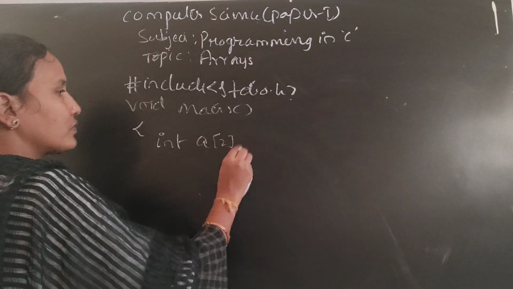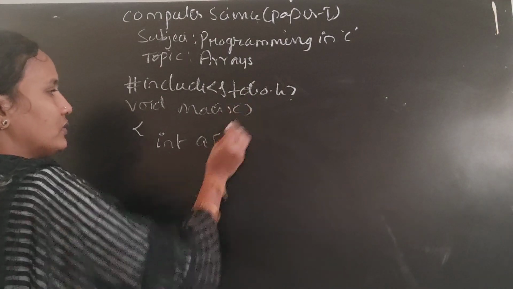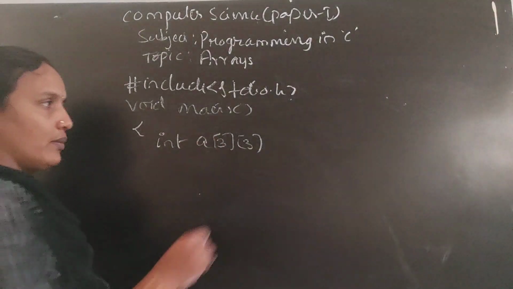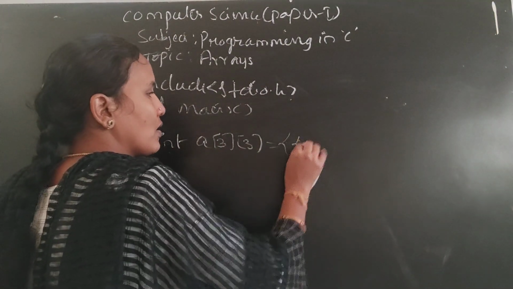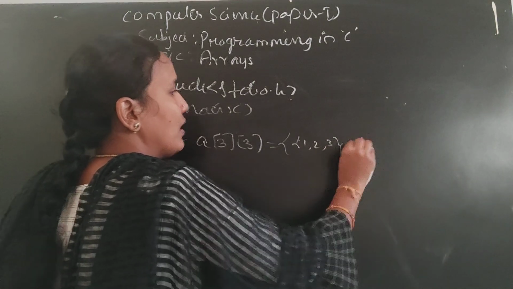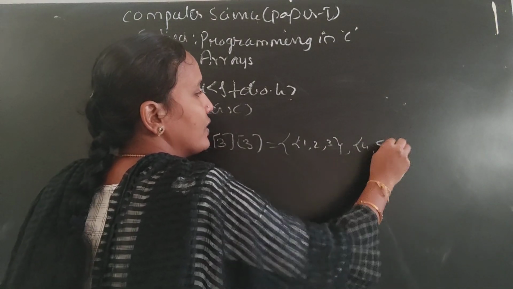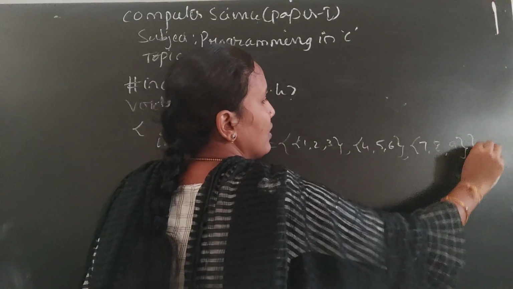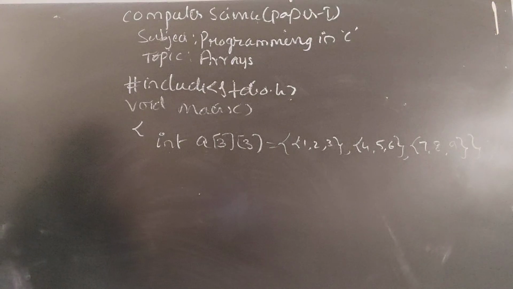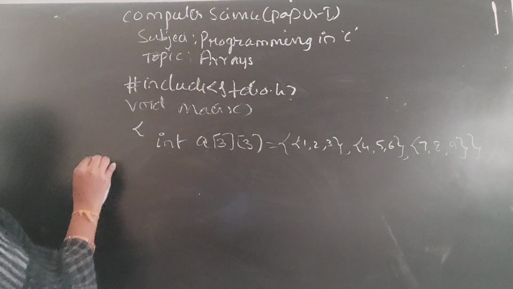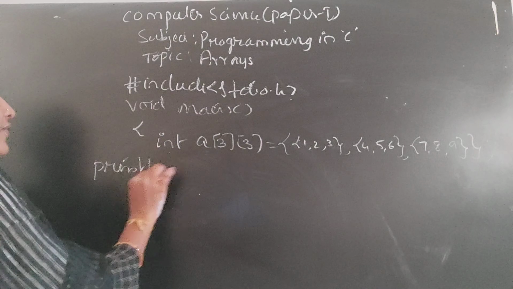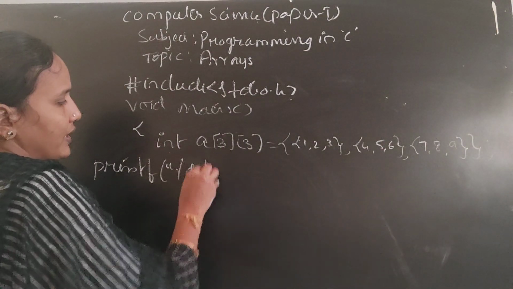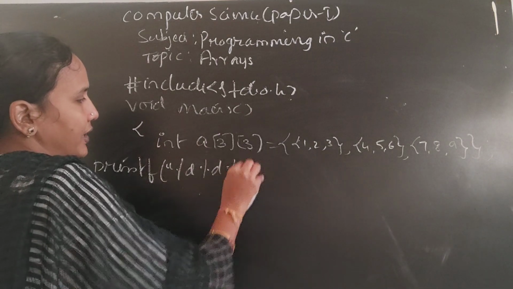A[3][3]. In total how many elements do we need to give? 3 into 3, 9 elements. {1, 2, 3}, {4, 5, 6}, {7, 8, 9}, and close the main one. Next, now printing. printf %d, %d, %d.